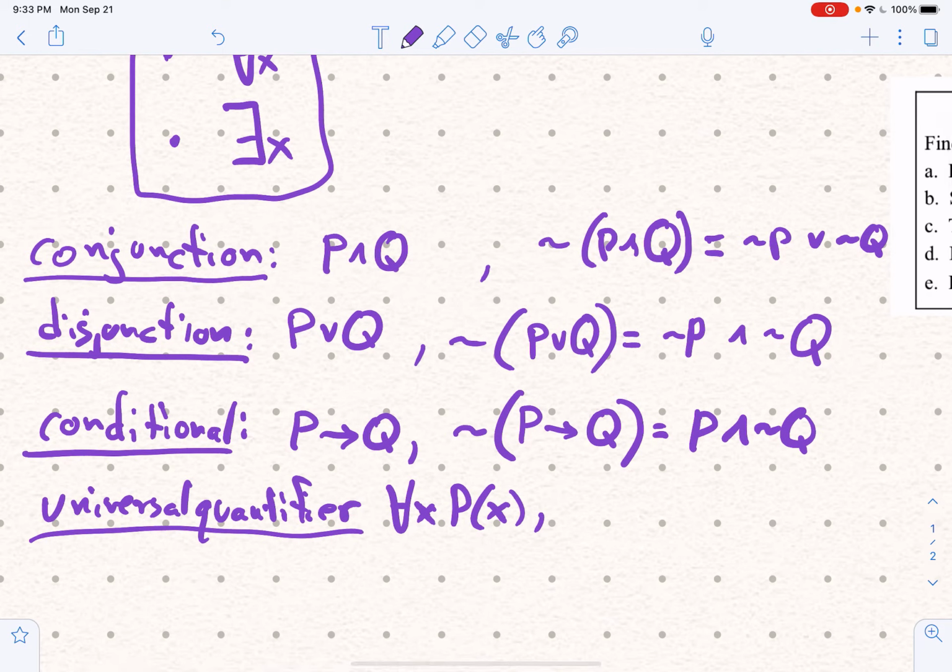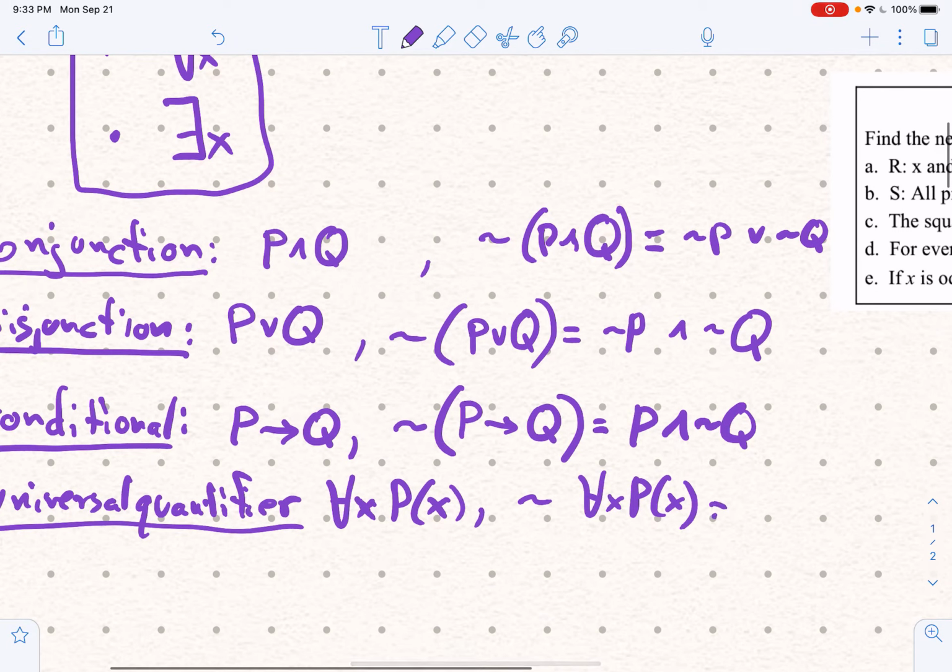Now, if we negate that statement, not for all x, P of x, well, if it's not the case that for every single one of these x's, it plugs in here and this is true, then there must be at least one x that makes this false.